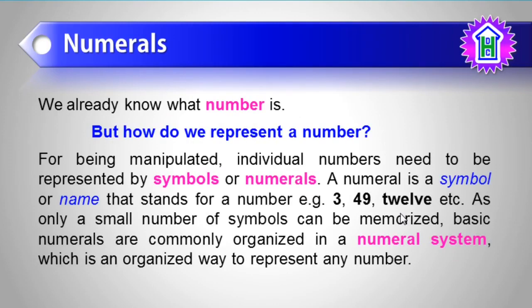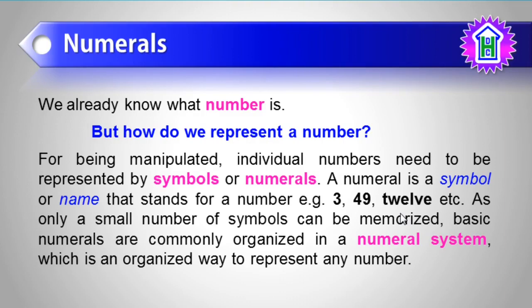We already know what a number is, but how do we represent a number? For being manipulated, individual numbers need to be represented by symbols or numerals. A numeral is a symbol or name that stands for a number.